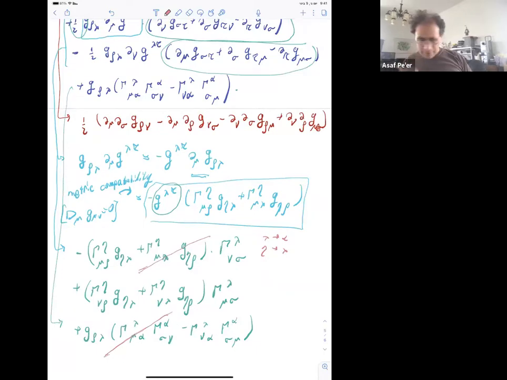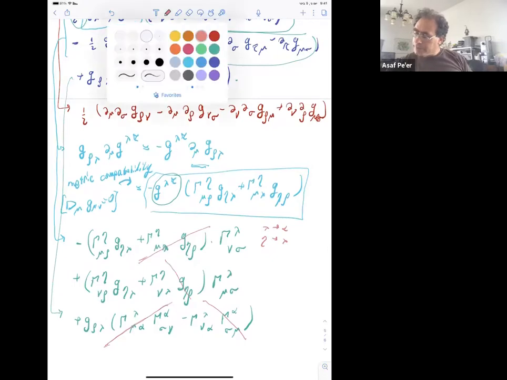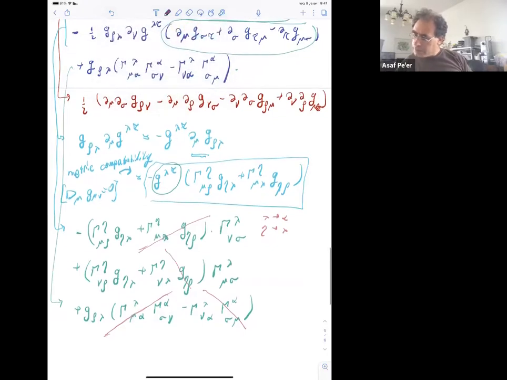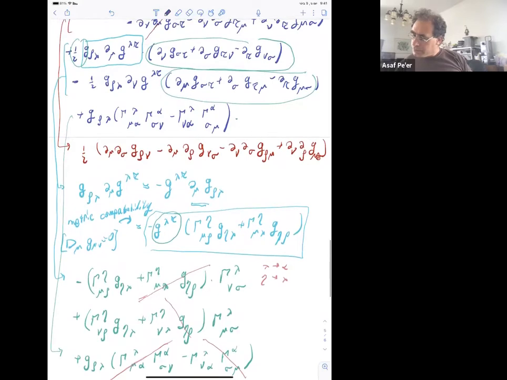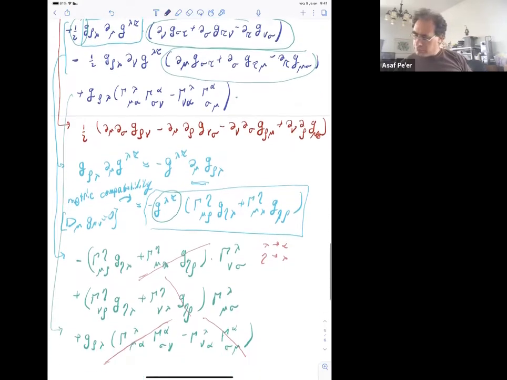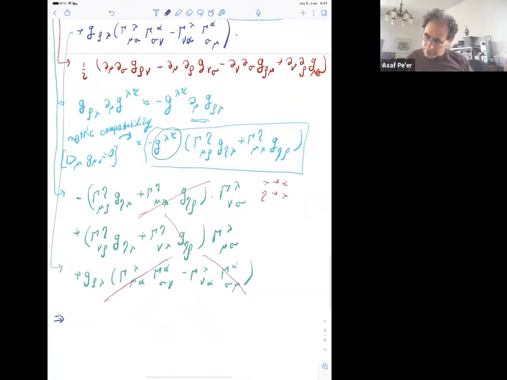Yes. And then this guy will cancel with this guy, and these two are still there. So we end up with R rho sigma mu nu. I'm left with what's written here and these two terms here.